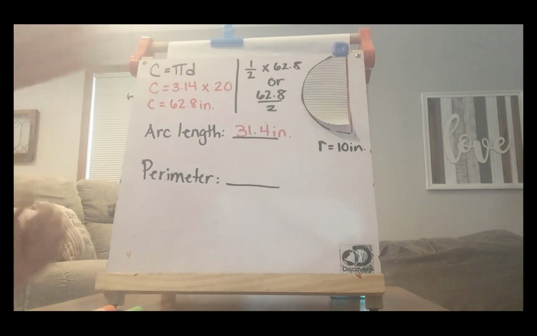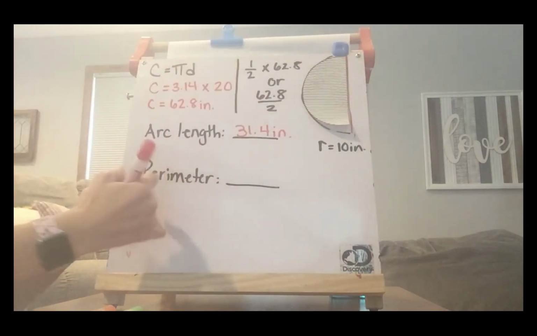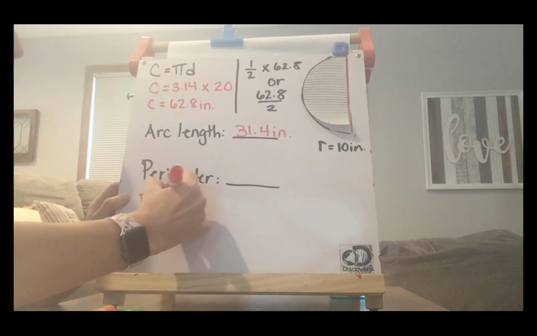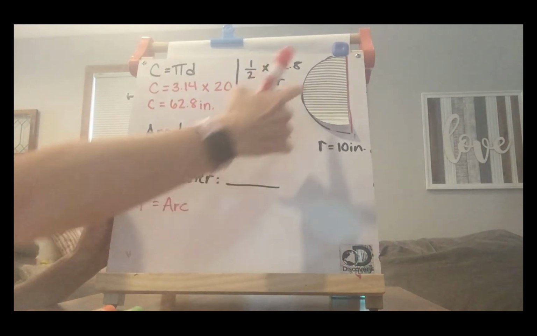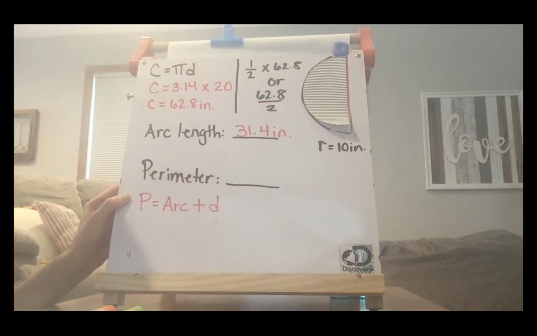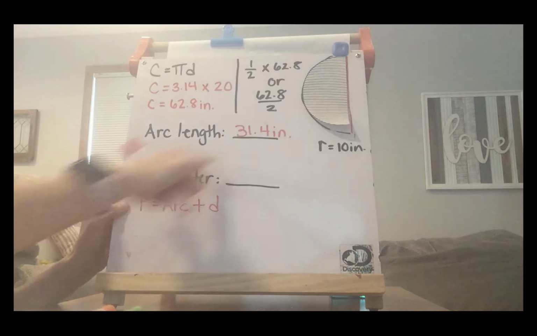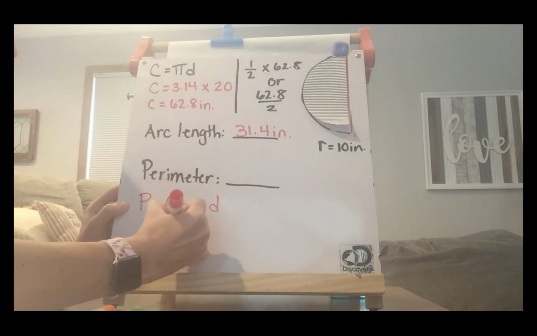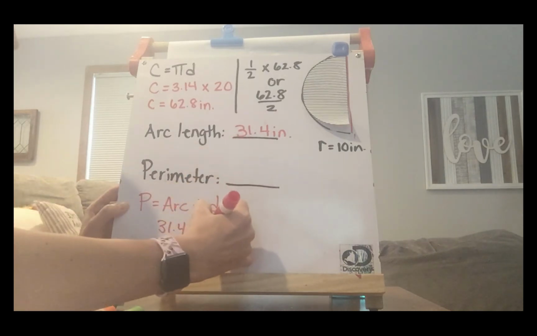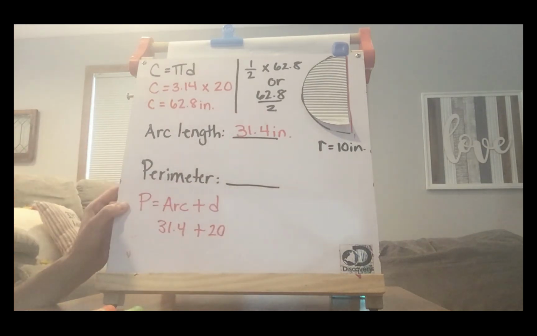20. So now I want to take my arc length. Let's write this underneath perimeter. So to find the perimeter, we want to take our arc length, and in this case, we're going to add the diameter to it to get our perimeter. Let's plug the values in. We have our arc length, it's 31.4, and we need to add our diameter, which was what again? 20.